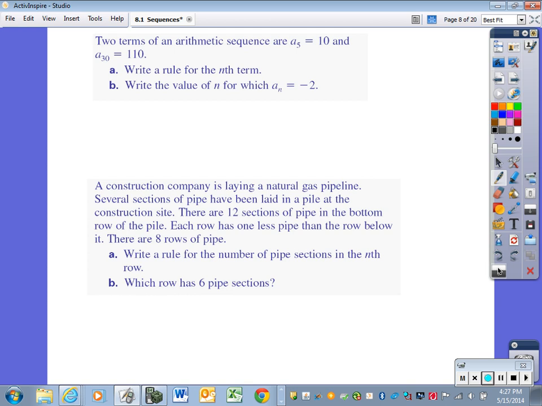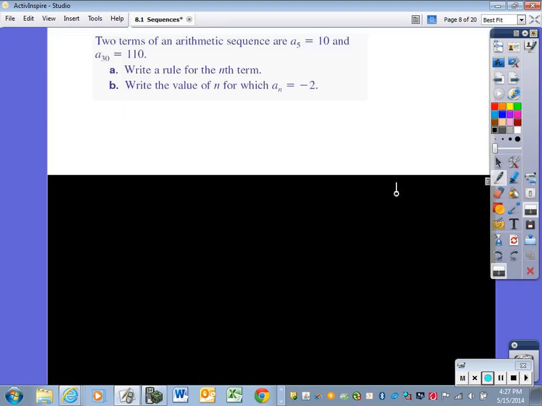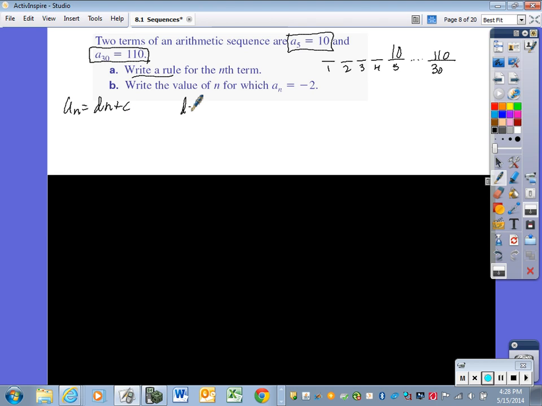Now let's use that to do this one. What do you have? The fifth term is 10. The 30th one is 110. So write a rule. dn plus c. Well, d is the same as slope.